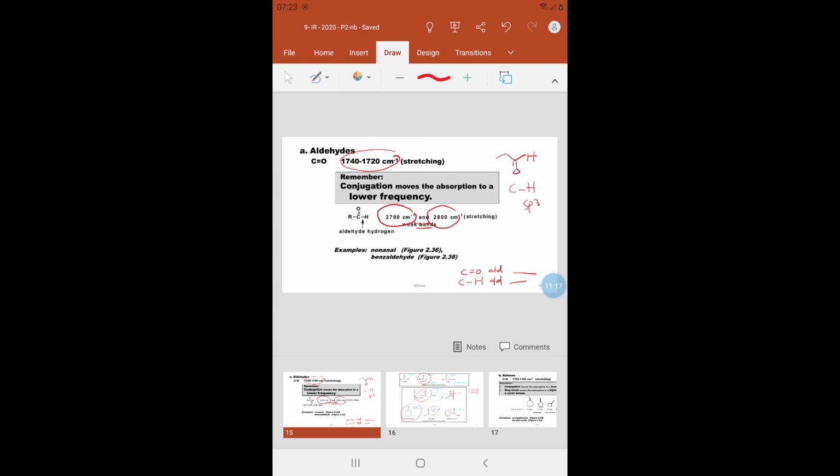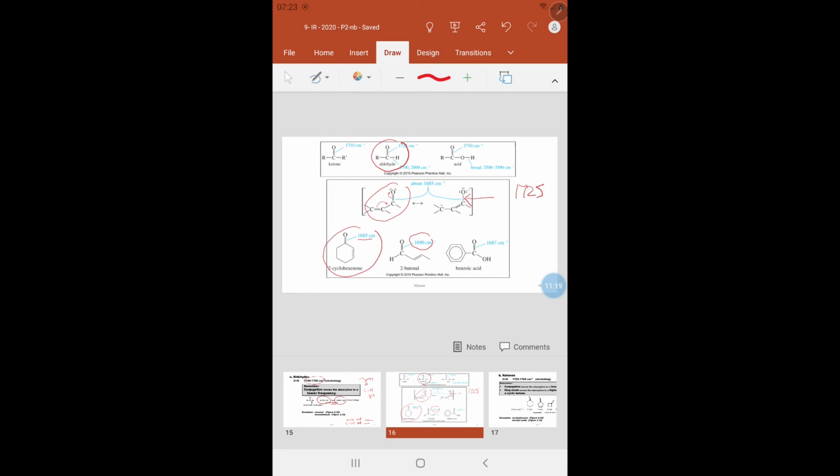If you have a conjugation, for this structure, 2-butanol, what are the bonds present in the molecule?